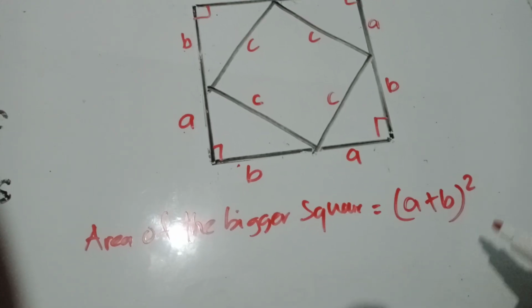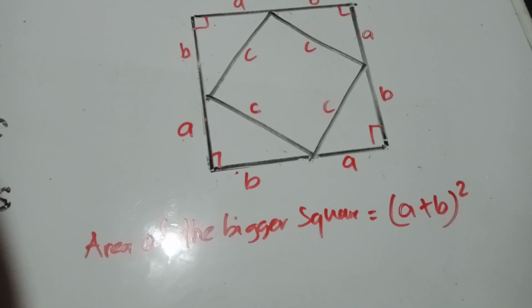So since our side is A plus B, we just square that.